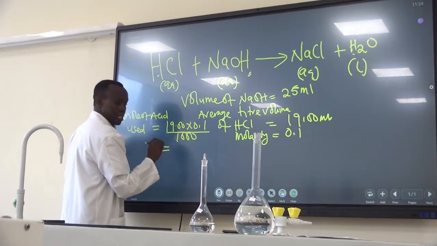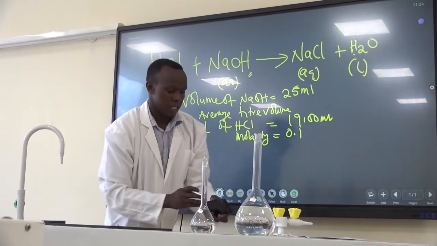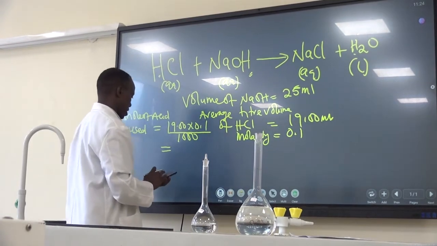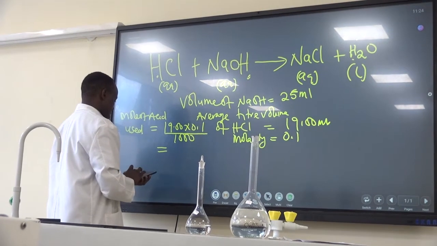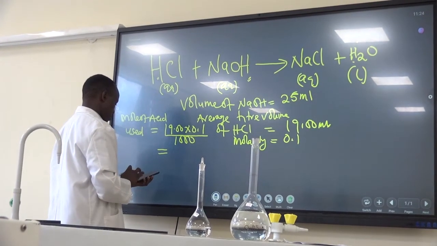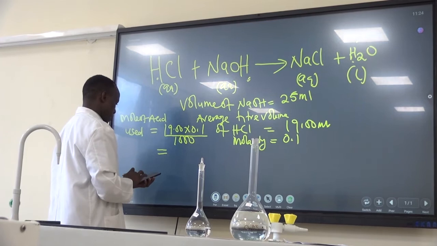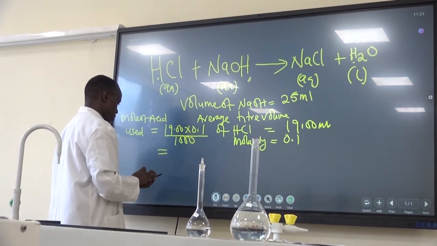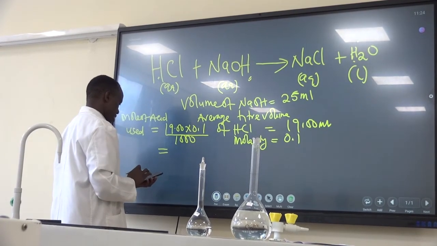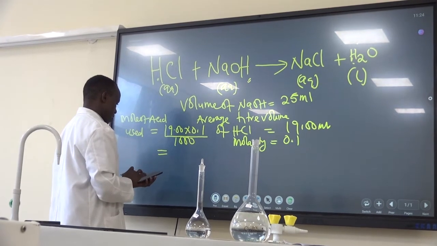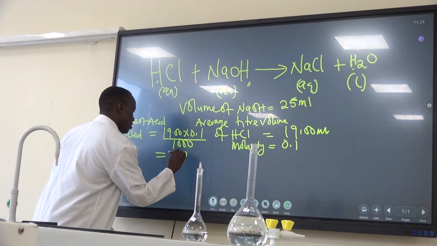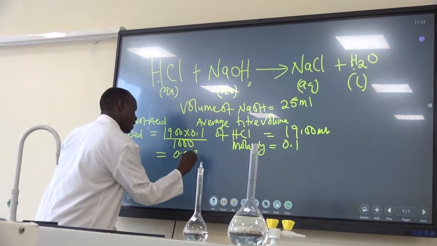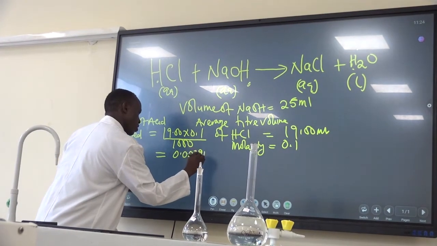You will get 19.0 multiplied by 0.1 divided by 1000. You get 0.0019 moles.